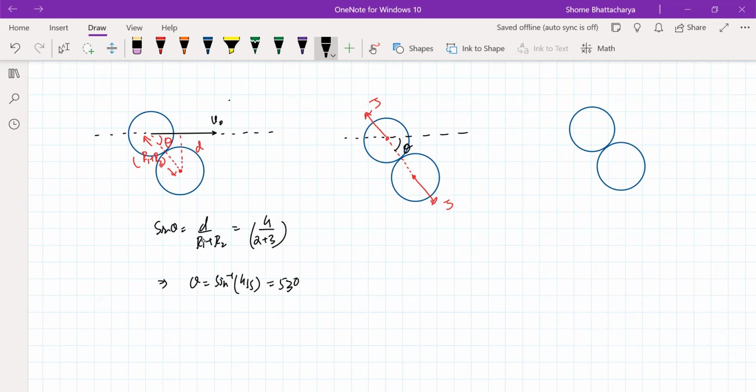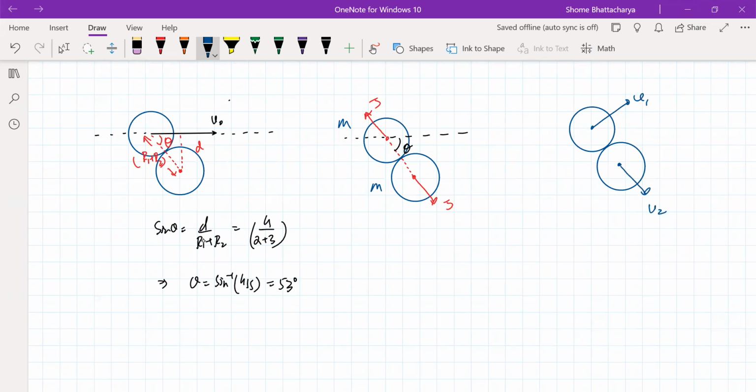Now since the masses are equal and the collision is perfectly elastic, additionally we know that if this angle is theta, then the angle at which the final velocity of this one goes will be at 37 to this line, because they have to be perpendicular.